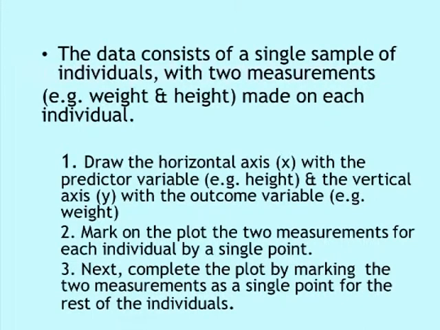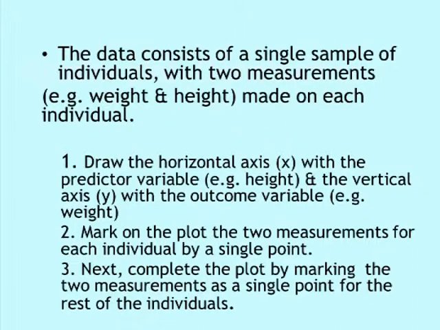What you do first is draw the horizontal x-axis with the predictor variable. What do I mean by predictor variable? You want to check whether a change in the height changes the weight. So weight is dependent, or weight is the outcome variable, that's what we are trying to look at. So our outcome variable will come along the vertical or the y-axis.